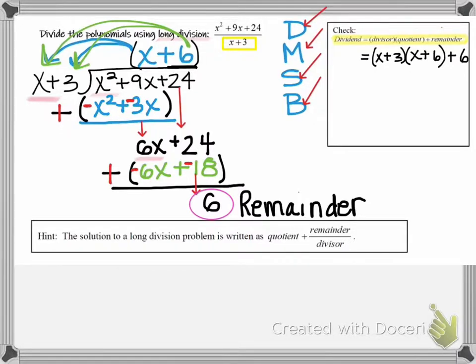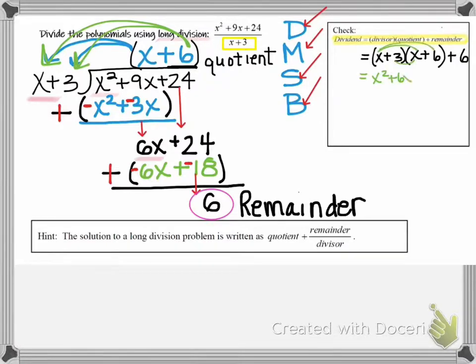Really quick, I want to label the quotient in the problem. The x plus 6 is the quotient. My divisor was x plus 3. I'm going to multiply that by my quotient x plus 6, and then add that remainder. Once I do all this simplifying, if I get my original dividend, then I know I've done my problem correctly. I start by doing FOIL.